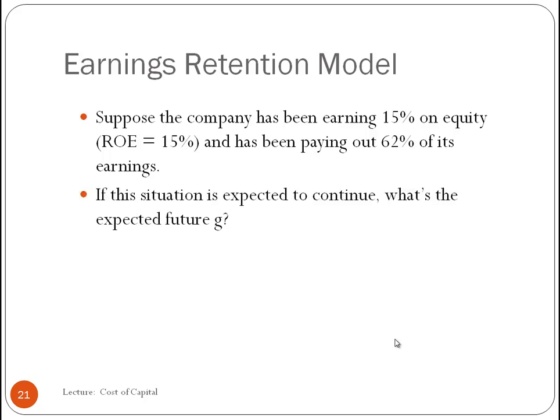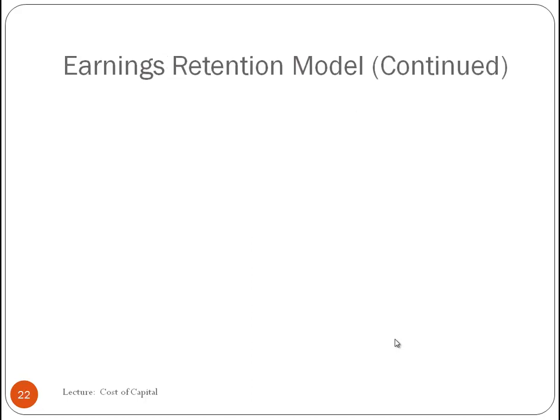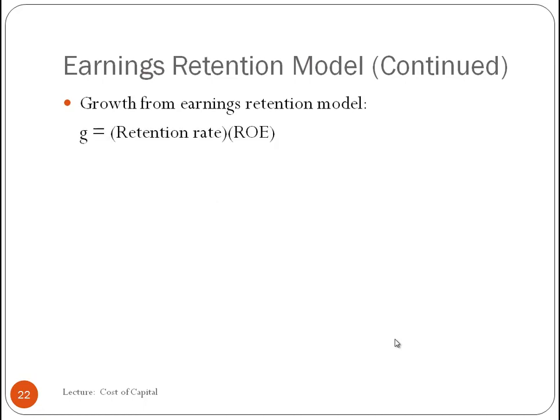Now, if this situation is expected to continue, what is the expected future growth rate? The growth rate can be thought of as the retention rate times the return on equity. I'll define that in a second.